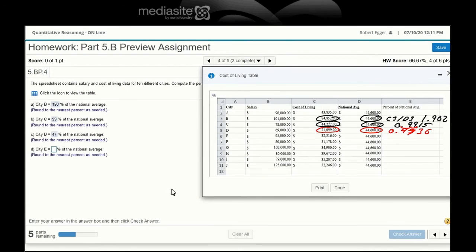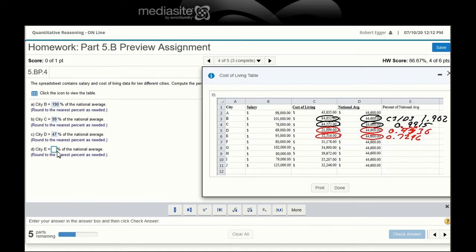See a pattern here. Percent of national average for city E: 32,316 over 44,600. 0.7246, or 72%.